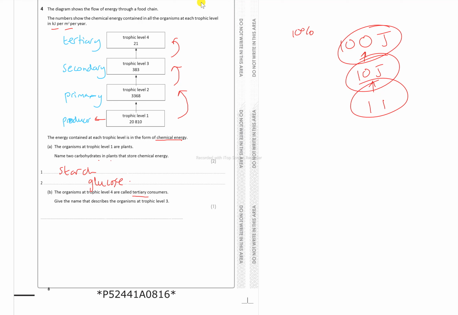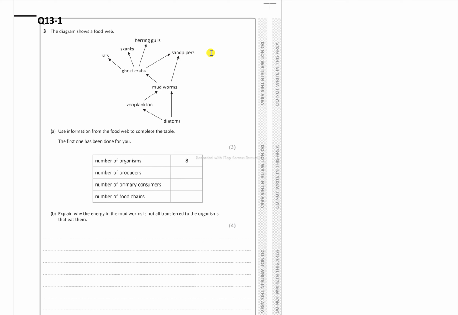Right. Organisms at trophic level 4 are called tertiary consumers. Give names that describe organisms. So we call it a secondary consumer. Right. You can squeeze this in as the last question anyway.